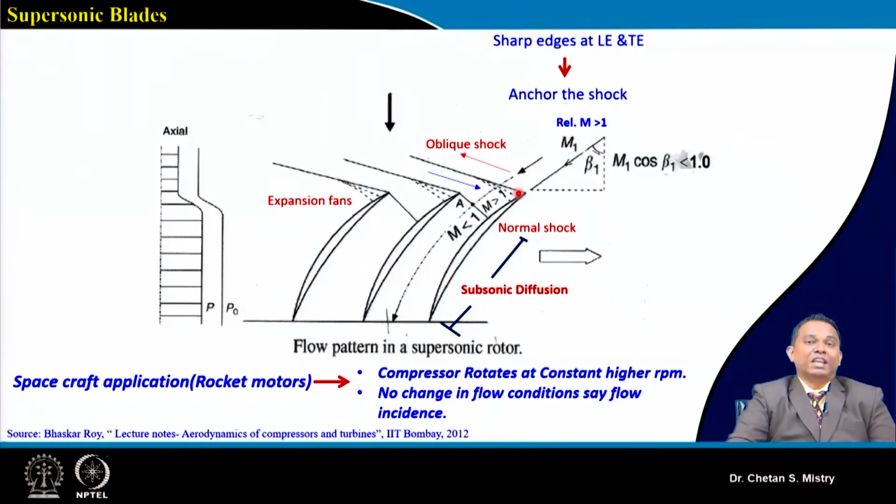When it is rotating at constant speed and operational timing is low, there are fewer chances for my flow incidence to change, and that's the reason why we are able to achieve a very high pressure rise by using this kind of configuration.